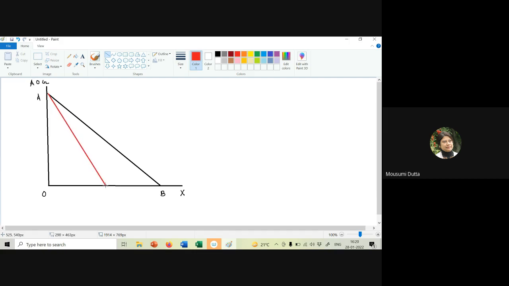As you said, the budget line will rotate inward after the increase in price.